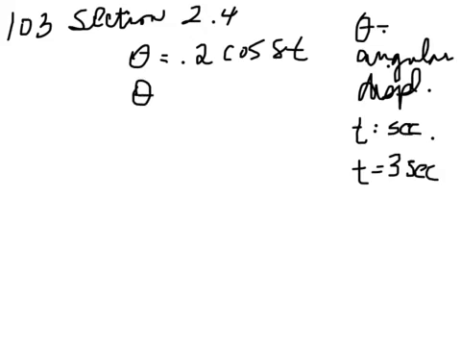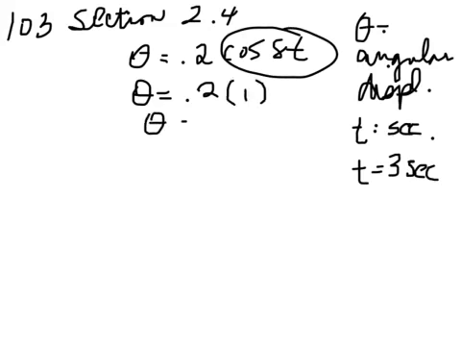So our maximum displacement is going to be 0.2, because the biggest thing cosine can return is 1. Now you could probably look at the graph of it and determine that, but this is an easy one to determine. That's going to be the maximum value there because cosine's never going to get bigger than 1 on its own, and then we multiply the 1 by 0.2.